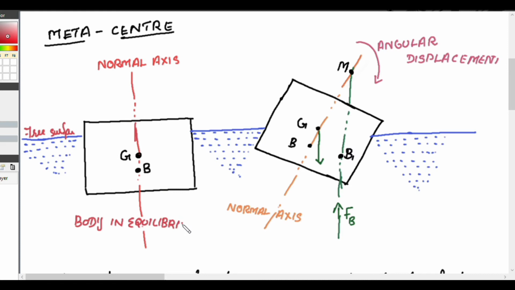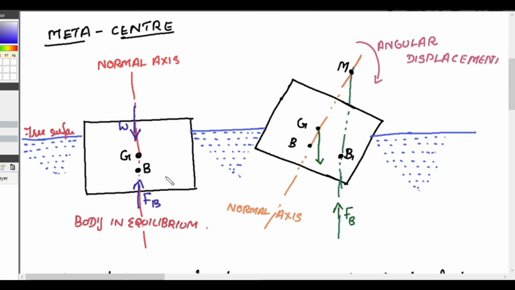When the body is in equilibrium, the weight of the body acts downwards along the normal axis and the buoyant force acts upwards along the normal axis. So this is the normal axis for this body. Now, this body is in equilibrium.